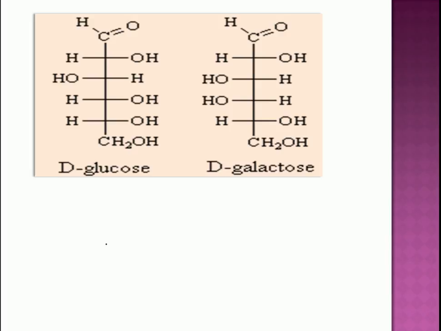See that the second carbon bears OH on the right side, the third carbon on the left side, the fourth carbon also bears the OH on the left side, and the fifth carbon has OH on the right side, hence it is D-galactose. You observe the difference when you compare the structure of D-galactose with D-glucose. The OH on the fourth carbon is on the right side in glucose and on the left side in galactose.